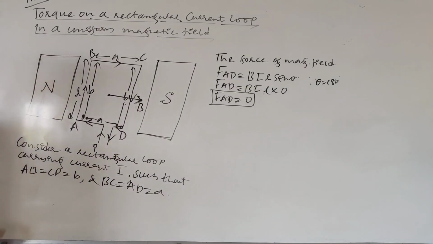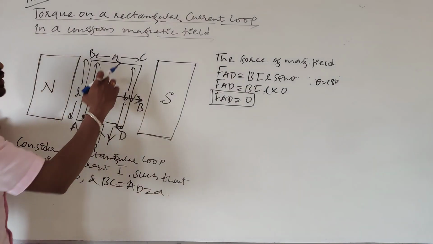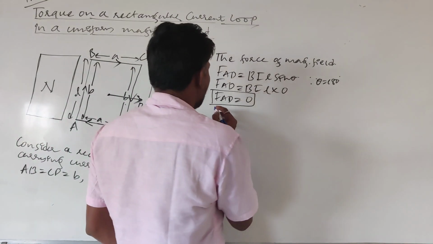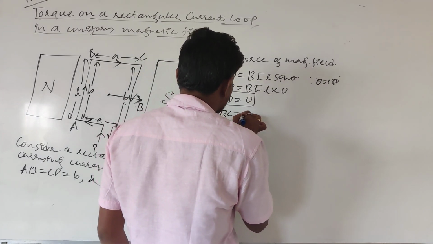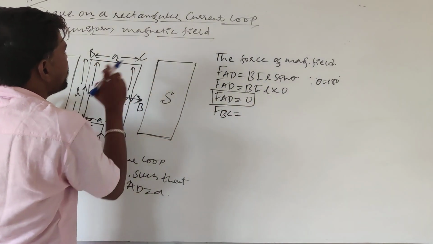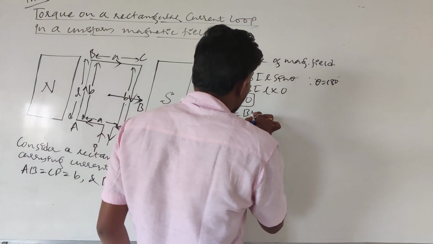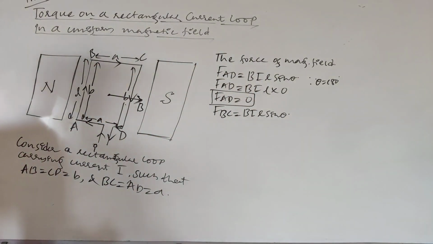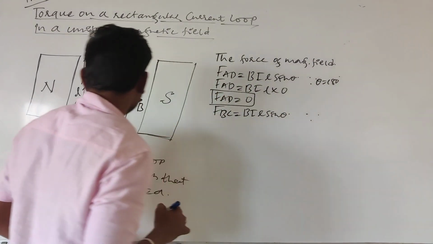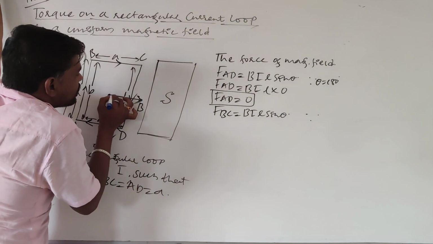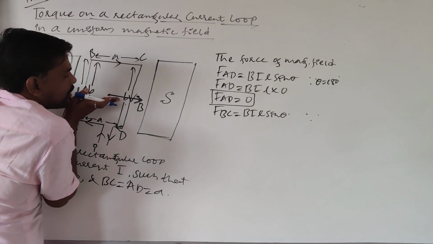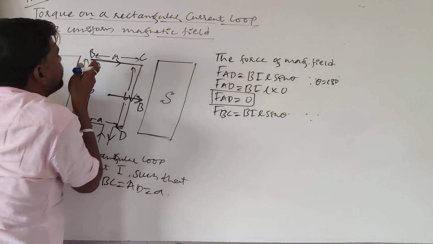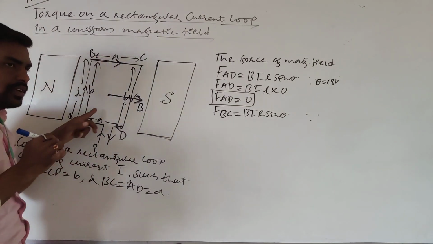Right. Then coming to this one, I am going to take BC. FBC is equal to BIL sin theta. See here once again, the magnetic field direction is this direction, and the current direction is also in the same direction.